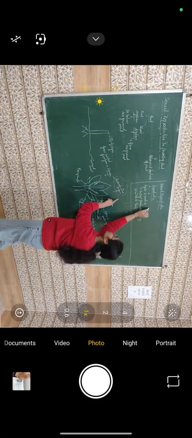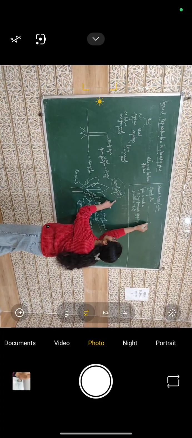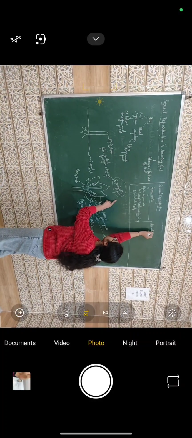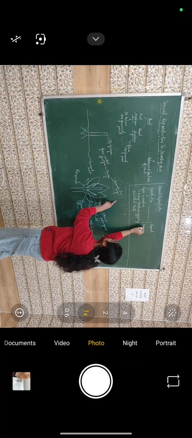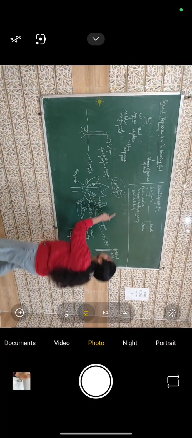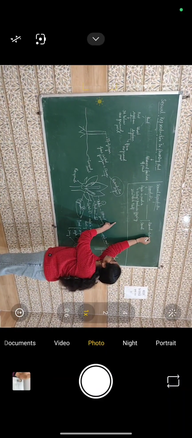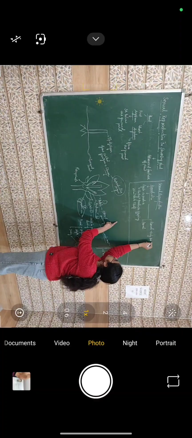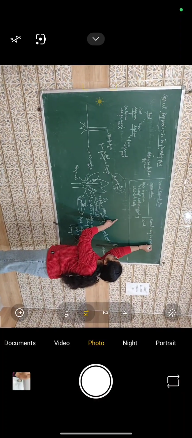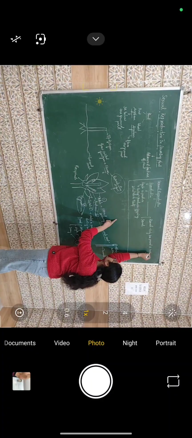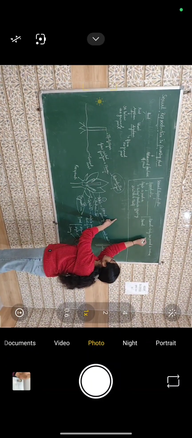And reproduction is of two types. First is asexual reproduction and second is sexual reproduction. In asexual reproduction, only one parent is involved. Here, no role of gametes takes place.